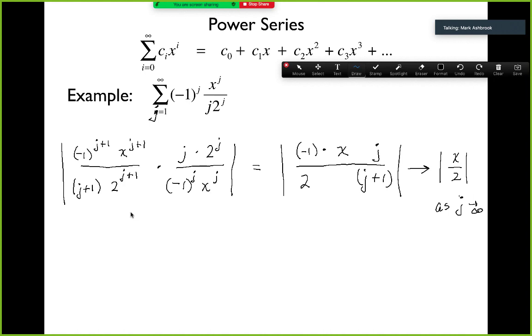So what we're saying is the absolute value of x over 2 has to be less than 1. And so that means x over 2 is less than 1 and greater than -1, or x is between 2 and -2.